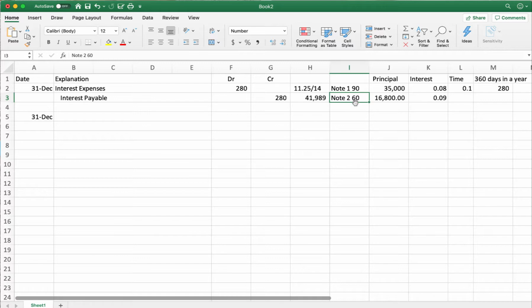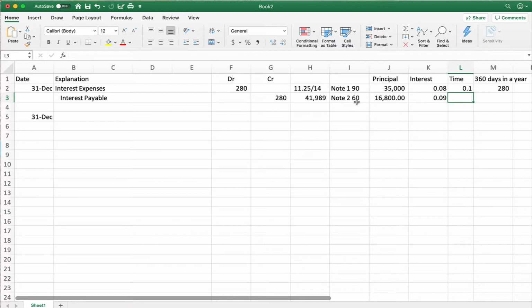It's a 60-day note. We signed it for $16,800. This interest rate is 9%. We need to figure out our time. Now the total is 60 days, right? That's when the note is going to come due.